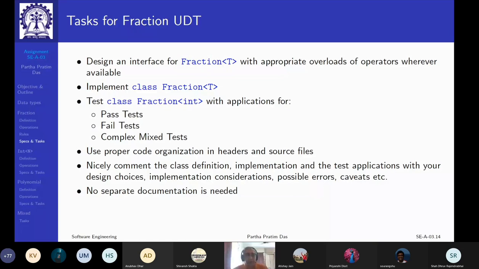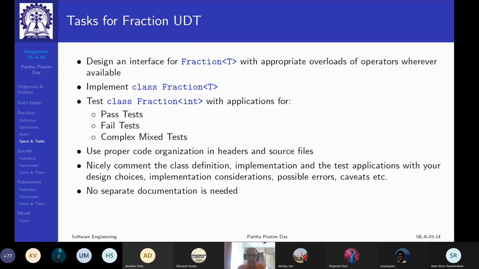Right? So once that class is ready, now we will be able to write the test application. So we have the specification. From that, we have gone to the design, which is primarily the design of the interface and the design of the implementation in terms of data members and additional member functions that we might need.